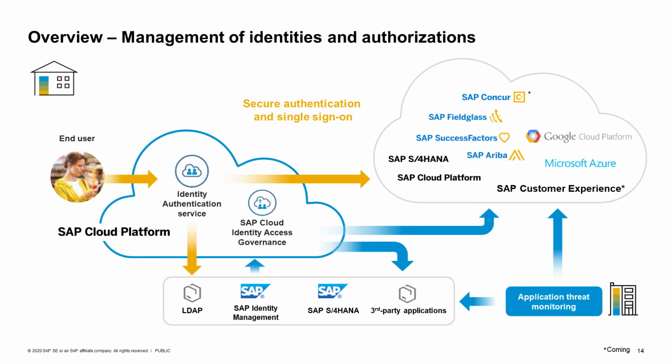On this slide, we're going to start with a discussion on authentication, which is represented by the gold arrows on the slide. So the user comes in, they are coming into the SAP Cloud Platform, authenticating against the Identity Authentication Service, which can also look at an LDAP solution such as Azure Active Directory, or any corporate third-party provider.